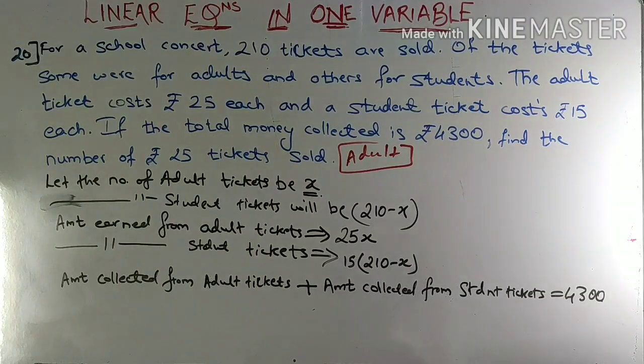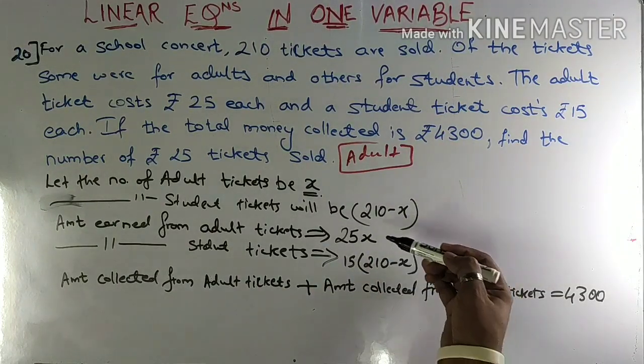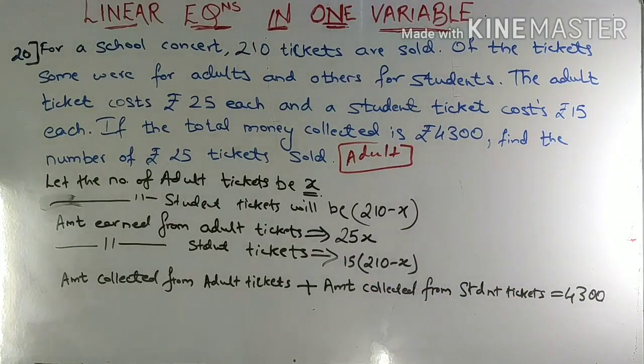I hope this is clear to you all. Amount collected from adult tickets and amount collected from selling of student tickets gives you rupees 4,300.